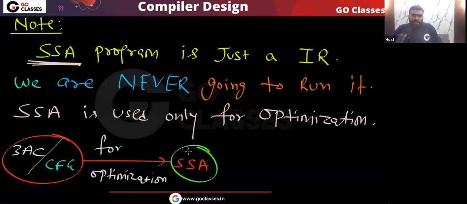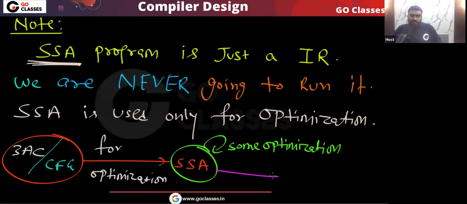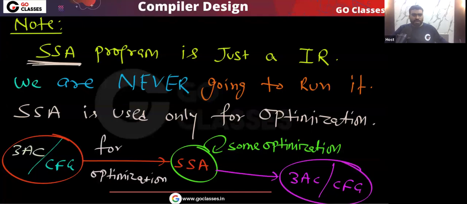We do some optimization on this SSA, and then we convert it again to 3 address code or control flow graph. So we are never going to run this SSA. I hope you understood this.